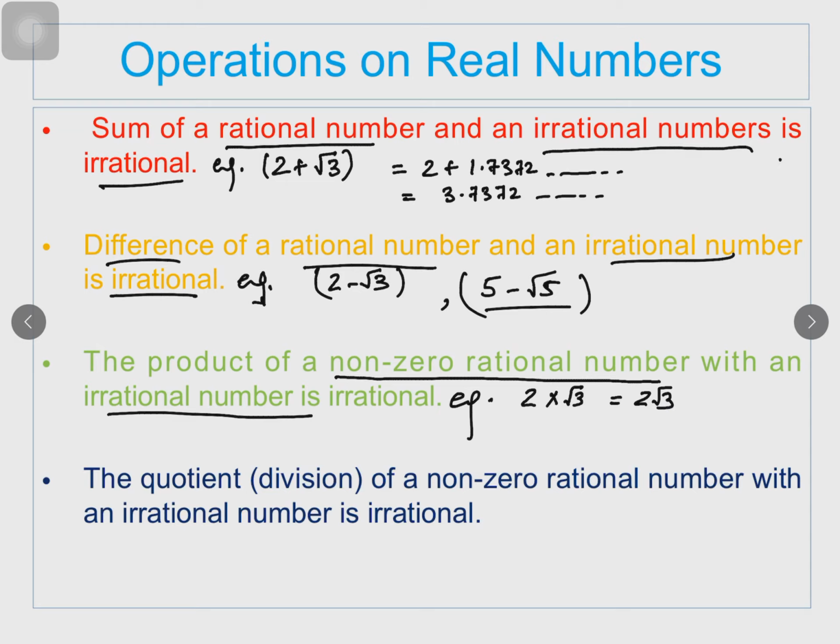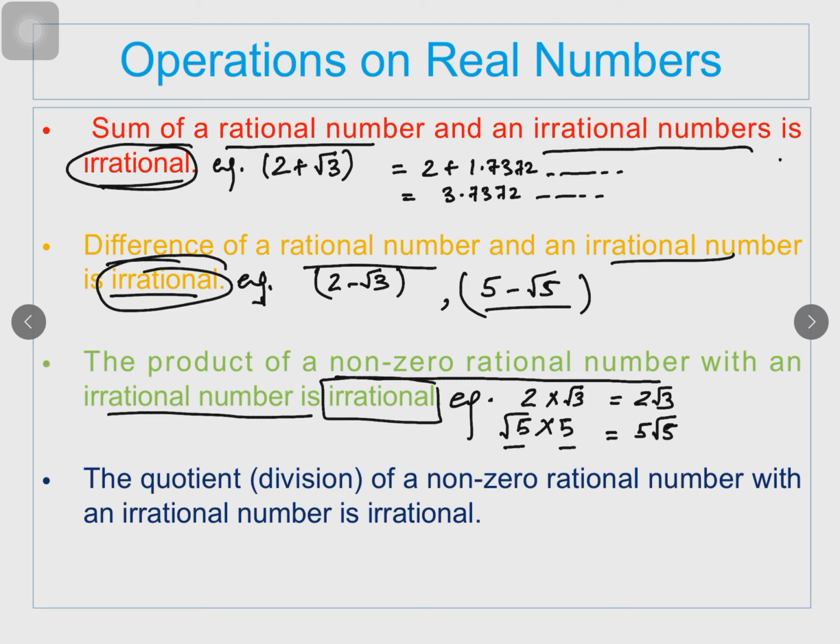Similarly, you can take another example. If you multiply root 5 by 5, root 5 is an irrational number, 5 is a rational number, and the multiplication is 5 root 5, which is an irrational number. So in all cases we are getting only irrational numbers.